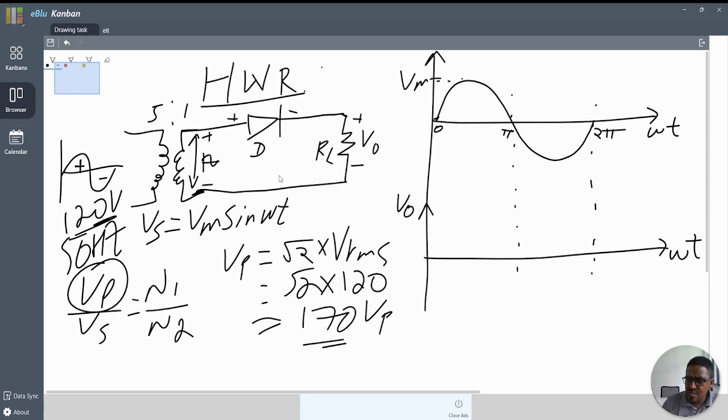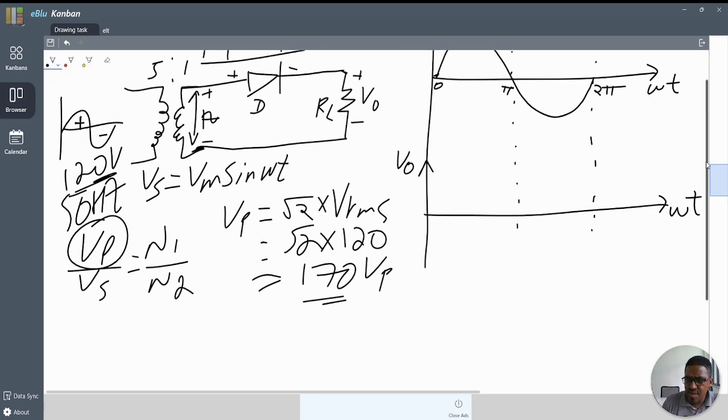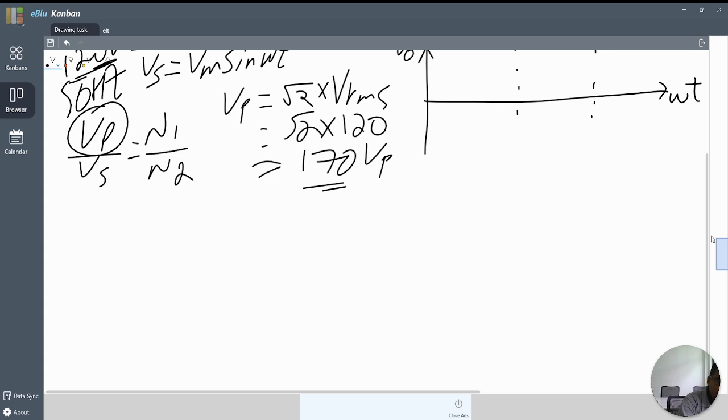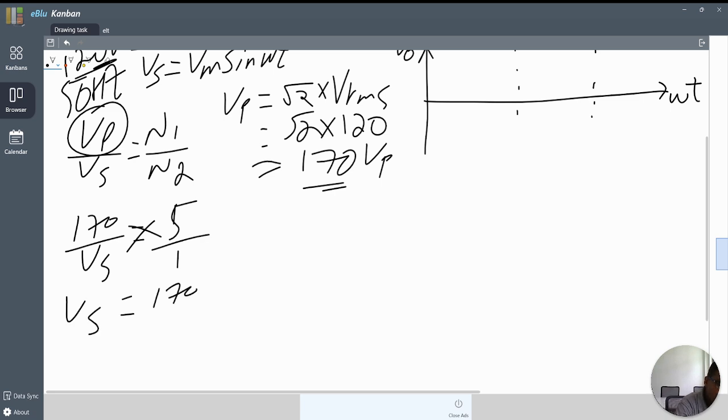Now let's get the secondary voltage. 170 over V secondary equals the turns ratio 5 over 1. So V secondary is 170 divided by 5, which becomes 34 volts, V maximum, the secondary voltage.